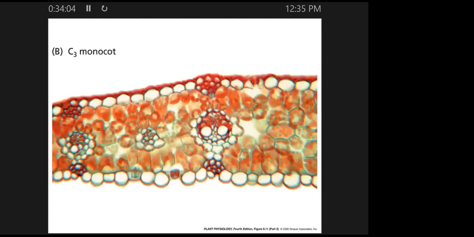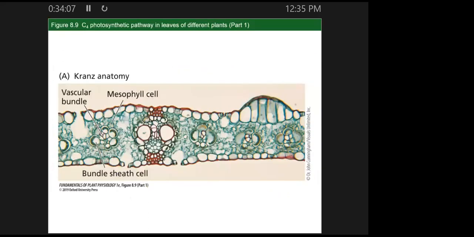Oh, one of the other things I wanted to point out. And they kind of show it here, where the spongy parenchyma cells kind of hug close to the bundle sheath. They're physically very close. And they tend to see that.